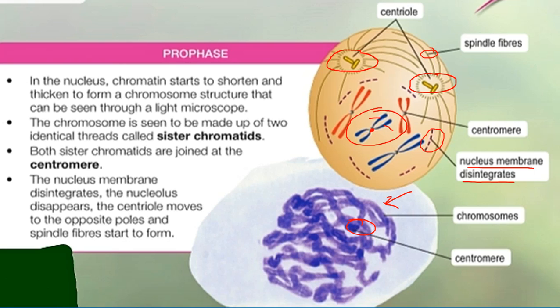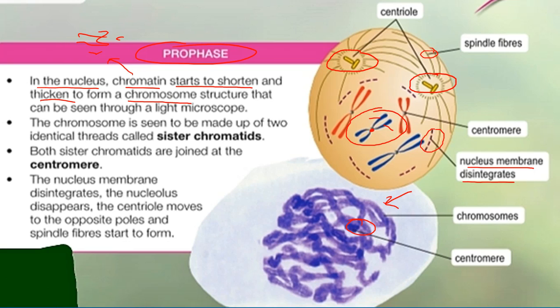Alright, so apa yang berlaku pada fasa prophase? In the nucleus, the chromatin, dalam interphase tadi, chromatin adalah bentuk long thread, seperti benang. The chromatin will start to shorten and thicken. Dia condense, so dia akan form into chromosome.